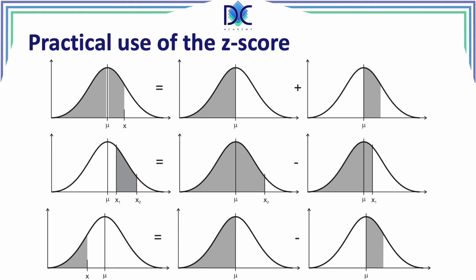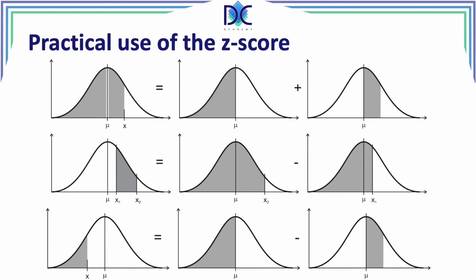So basically we take the surface corresponding with the absolute value of the z value and subtract that from the 50%. Now, because it's symmetric, when we look at x on the last graph at the bottom, the surface from x to the left is the same as the surface from x to the right.